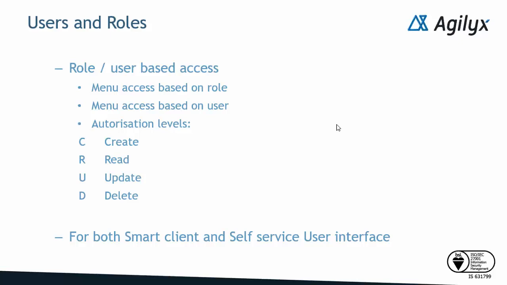For some people, you might just need to give them read-only access. So that is what you will select. You won't select the C, U, and D boxes. You just select the read option, which gives them read-only access. For example, for a purchase order, if you don't want anybody to amend it, you would just give them a read option.